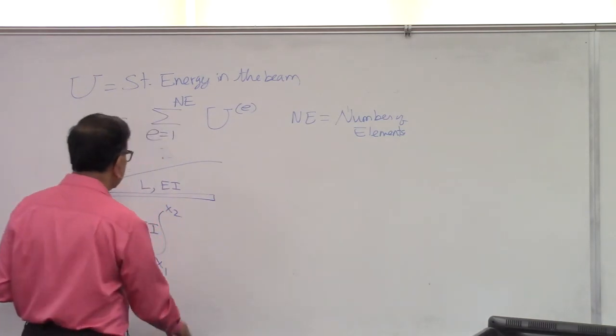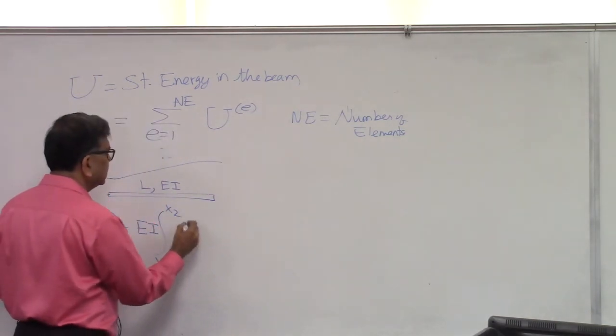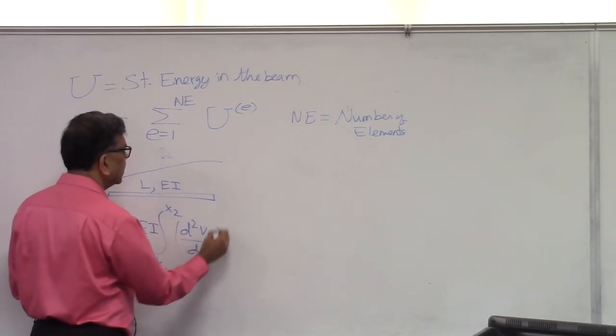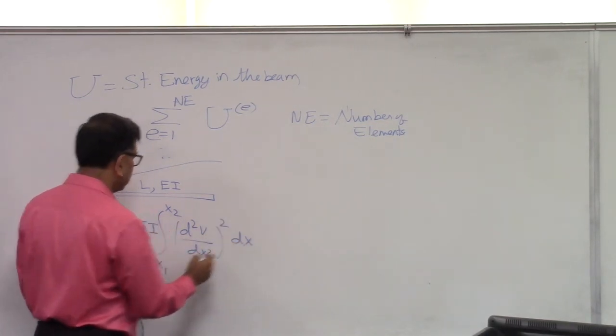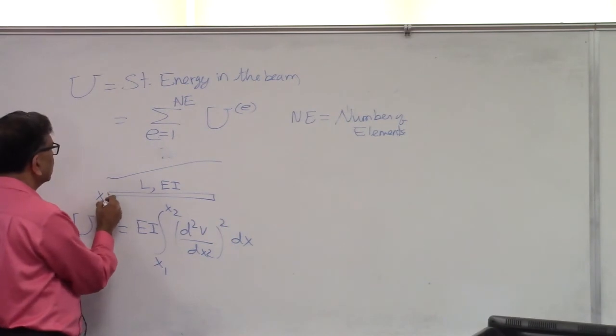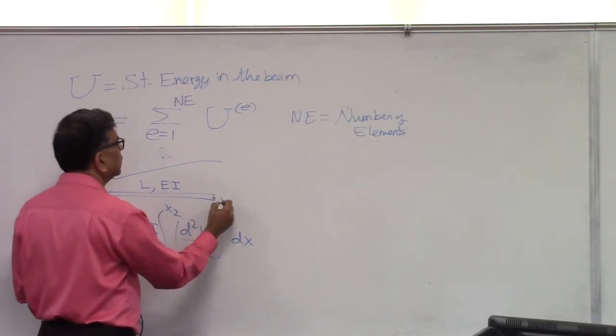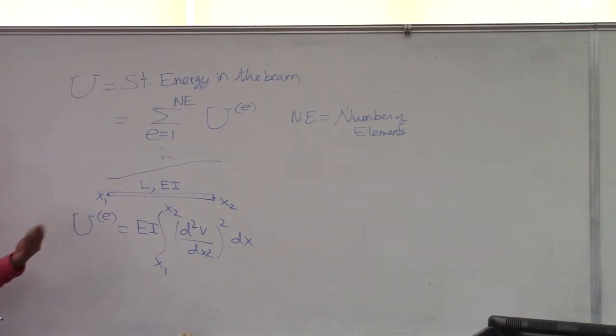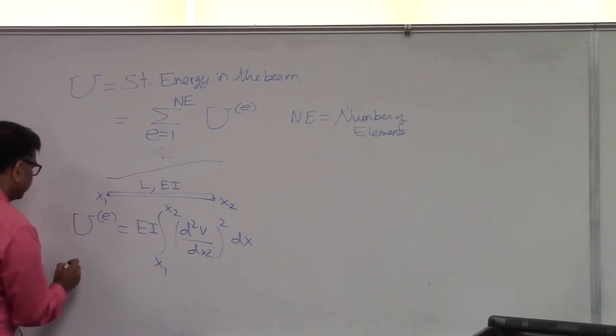Okay, now how do you find the strain energy? So EI is d square v dx square. This is the formula. Nobody can change the formula. X1 is whatever coordinate of this node. X2 is whatever coordinate of this node. Now we want to convert this into the S coordinate, because that's integration by substitution, a change of variables. We did that already.